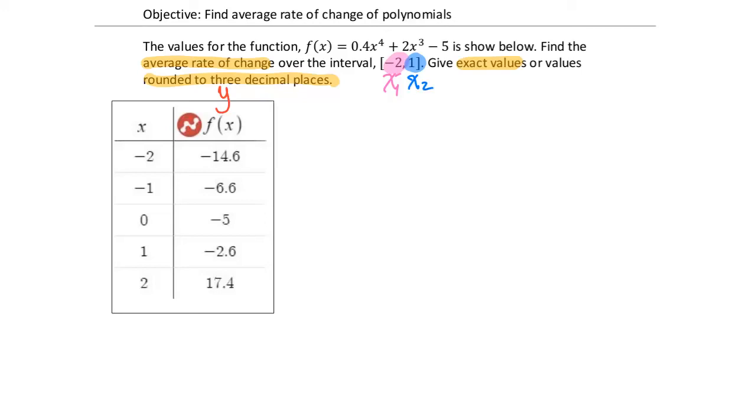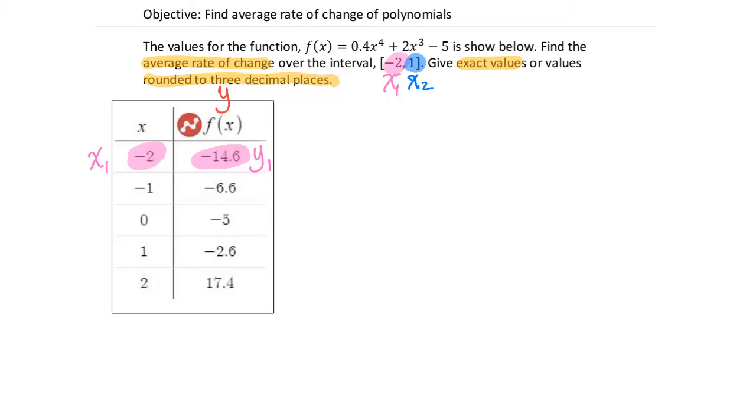So if we look at x1, that's -2. That tells me I got to look for -2 on my table, which -2 is the first one, okay? So that tells me -2 is right here. That means the one next to it is your y1, okay? This is x1. This is y1.